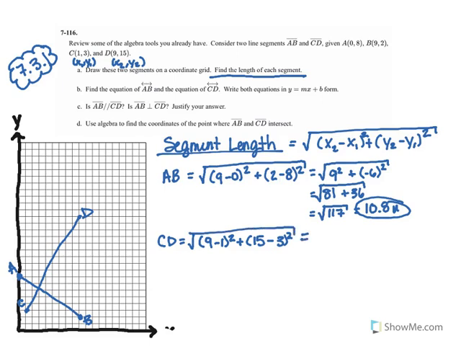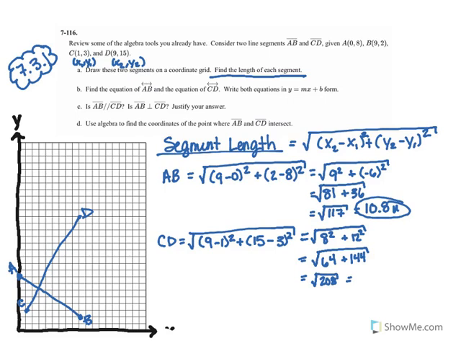And let's simplify. We're going to have the square root of 8 squared plus 12 squared, which is going to be the square root of 64 plus 144, which is the square root of 208.